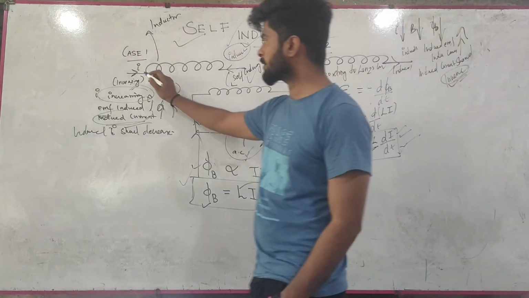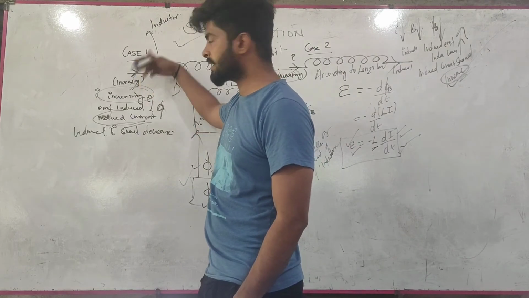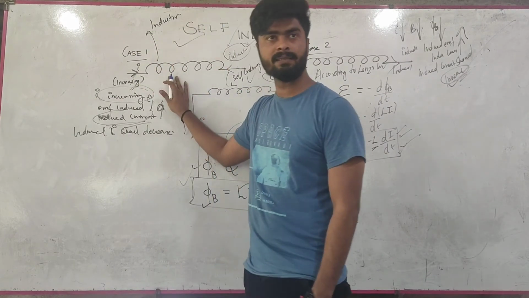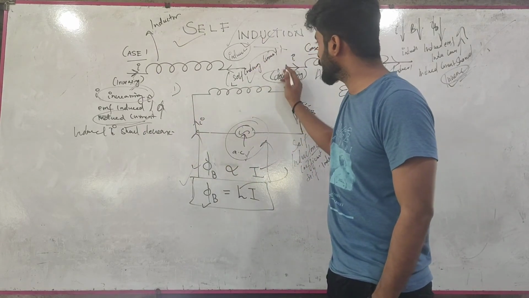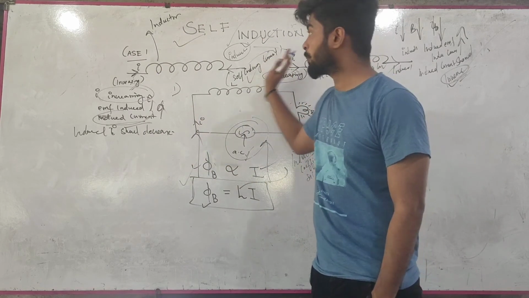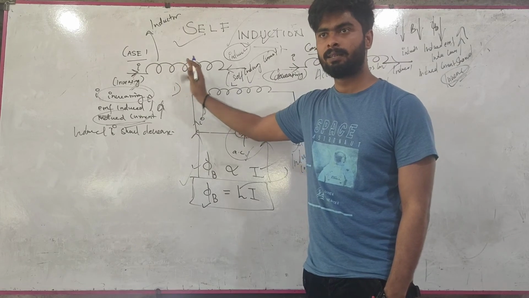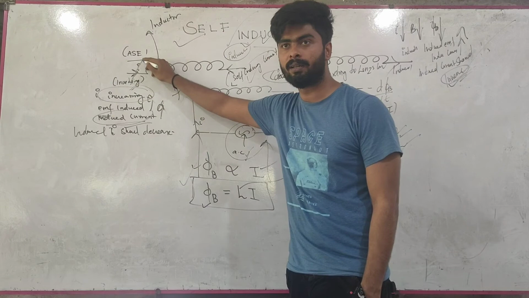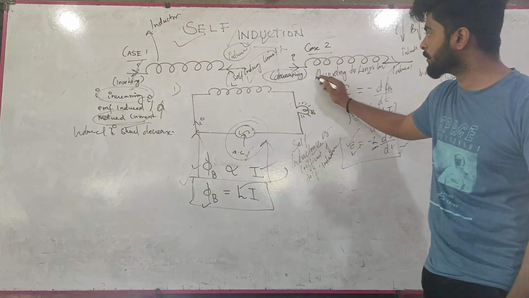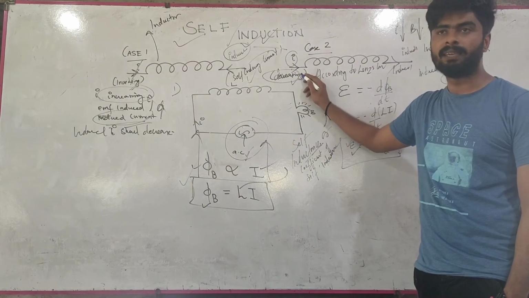See here, there was a growth of current, right? The current was increasing in this case. But the induced current, what does it do? It is opposing. So the EMF which is being induced here is opposing the growth of current in this case. But in the second case, you can see the current is decaying.